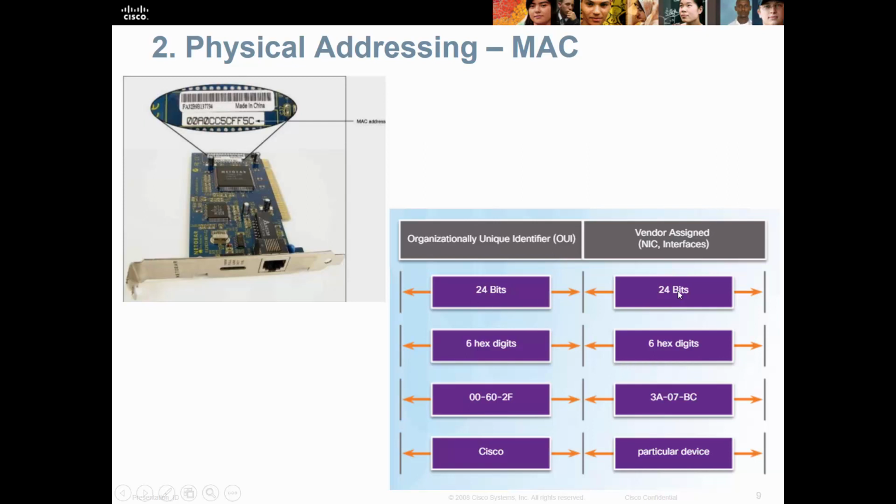Now, those 48 bits of the MAC address are broken down into two parts, the upper 24 and the lower 24 bits. The upper 24 bits of the MAC address are referred to as the OUI, or the Organizationally Unique Identifier, which is a number assigned to the manufacturer or the vendor that made this network interface card.